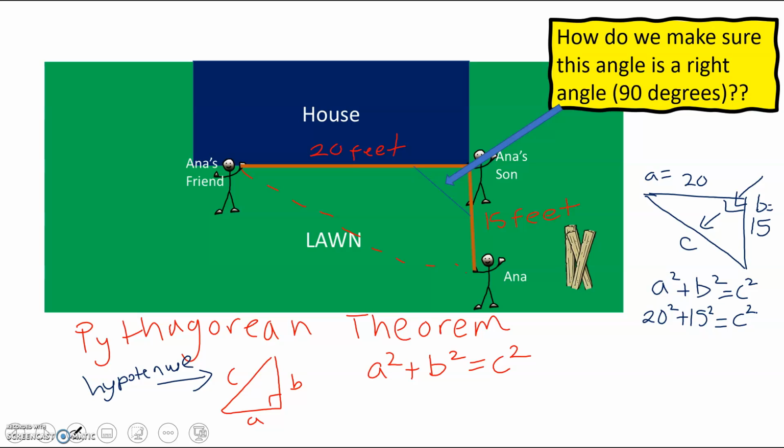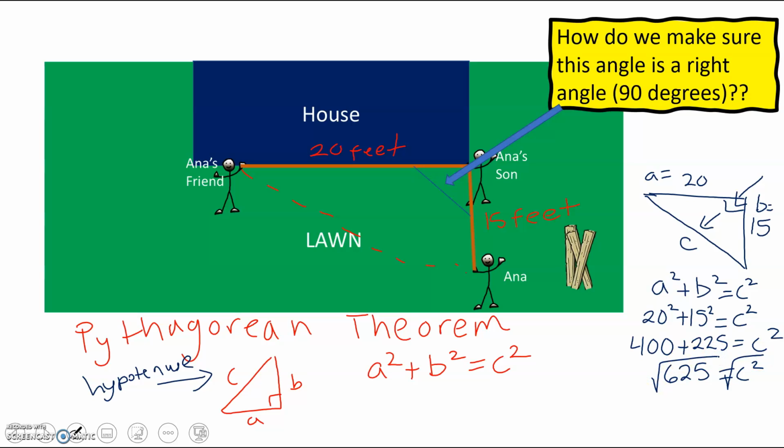20 squared, or 20 times 20, is 400. 15 squared, or 15 times 15, is 225, is equal to C squared. We have 400 plus 225 is equal to 625, is equal to C squared. In order to isolate the variable C, we're going to square root, because square rooting is the opposite of squaring.